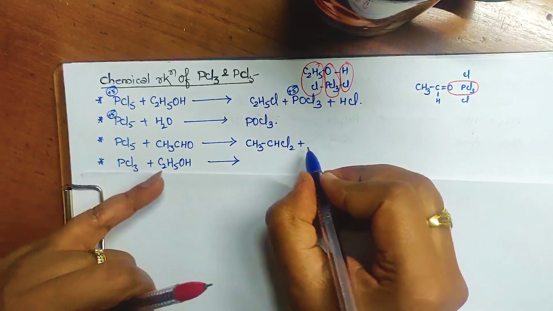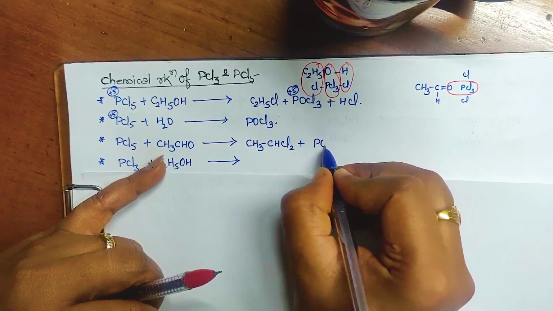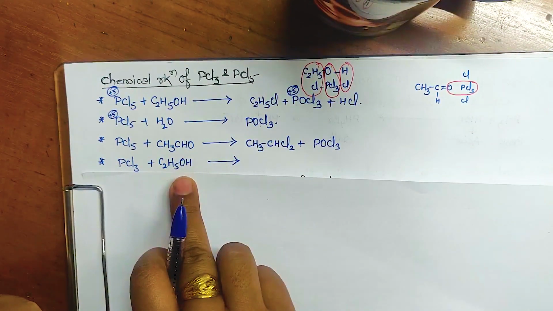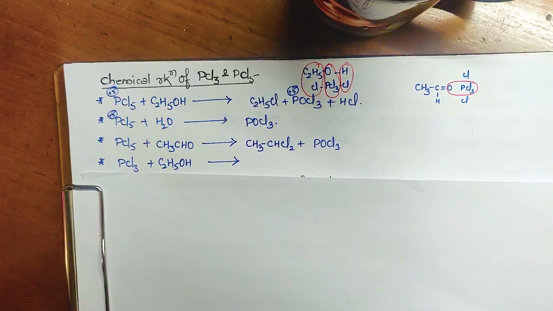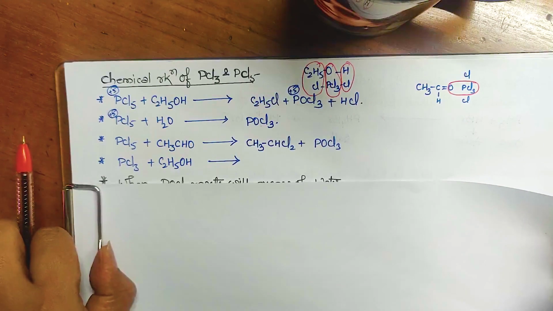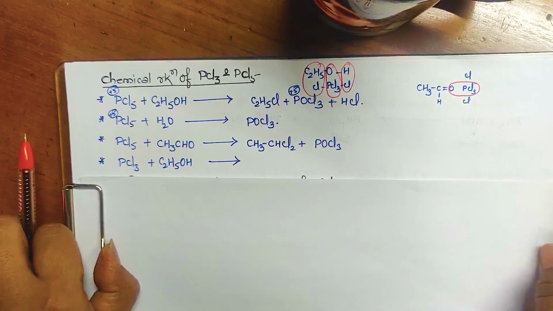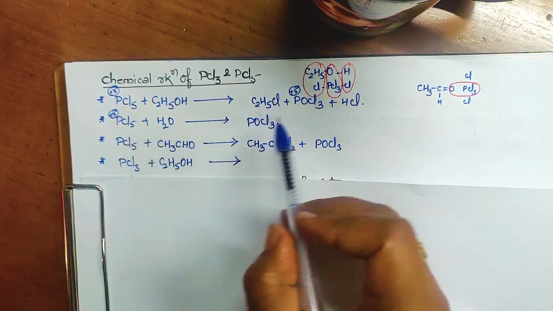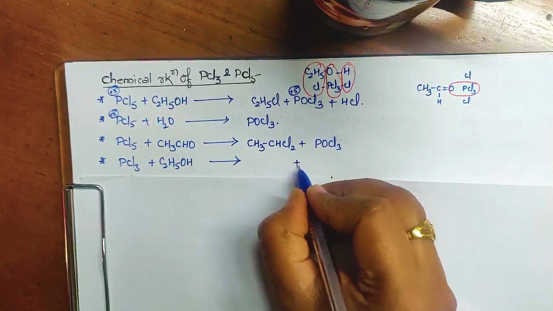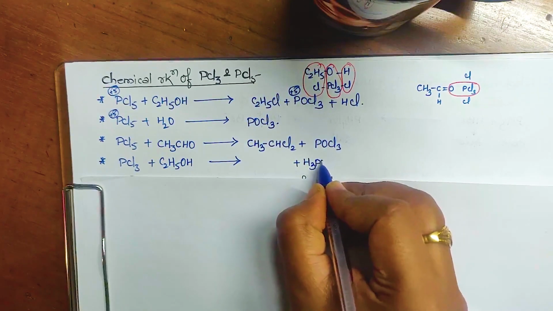Got it? So this will be CHCl2 plus, we can write POCl3, as I have explained. Now next, PCl3. I have explained in that 12th organic class that if PCl5 reacts it will form POCl3, and if PCl3 reacts it forms H3PO3.